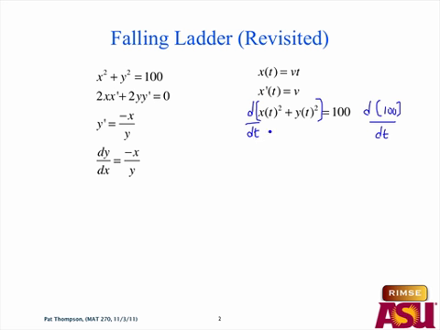So the first thing is, how do we take the derivative of a sum? Right, it's the sum of the derivatives. So we're going to do this one first: d of x(t) squared dt.